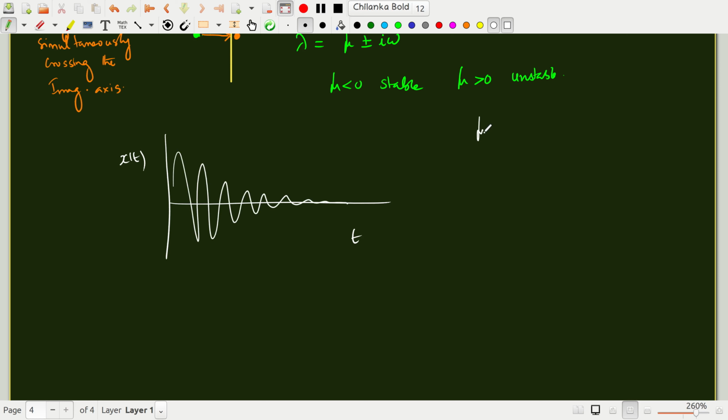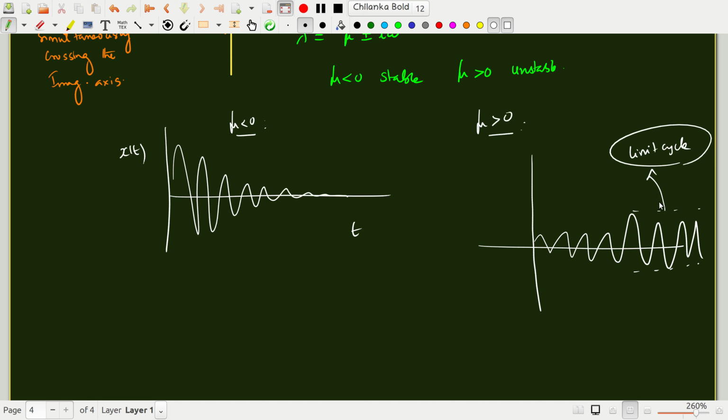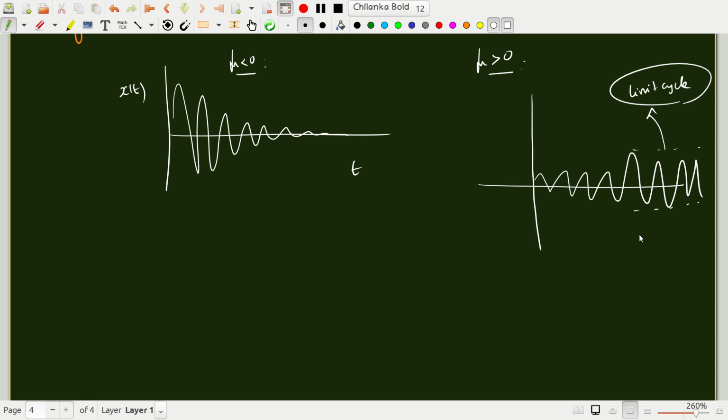If mu is greater than 0, then you will have growing oscillations, but it's possible that this oscillation saturates to give rise to a new state, which is a limit cycle. This is a nonlinear phenomenon. So it is possible that these oscillations grow and get saturated. If that happens, this is called a supercritical Hopf bifurcation.